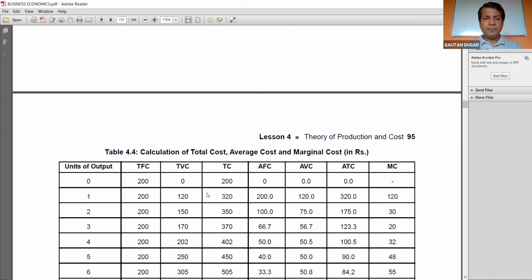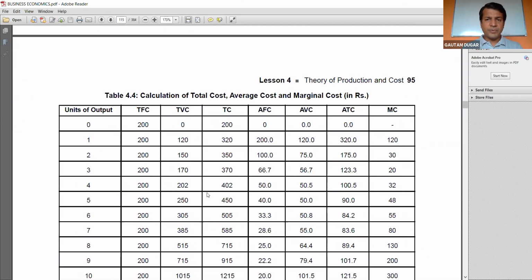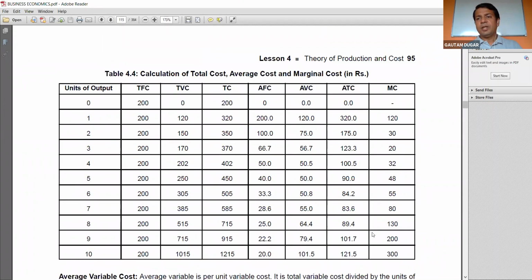If you go through this table, this is a master table. If you study it properly, you get a lot of properties of the diagrams. This is all you must have done in your class 11 and 12 as well. Average fixed cost, if you see numerical values, is constantly diminishing: 200, 100, 60, 50, 40, 33.3, 28, 26, 25, 22.2, 20.